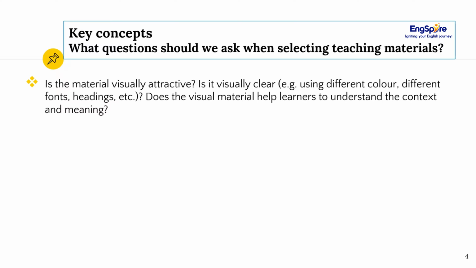For example, does the page use clear headings, colors, and fonts so learners can easily see where an exercise starts and finishes? If a reading text is printed in a tiny, crowded font with no pictures, learners may struggle to focus or to understand the context.